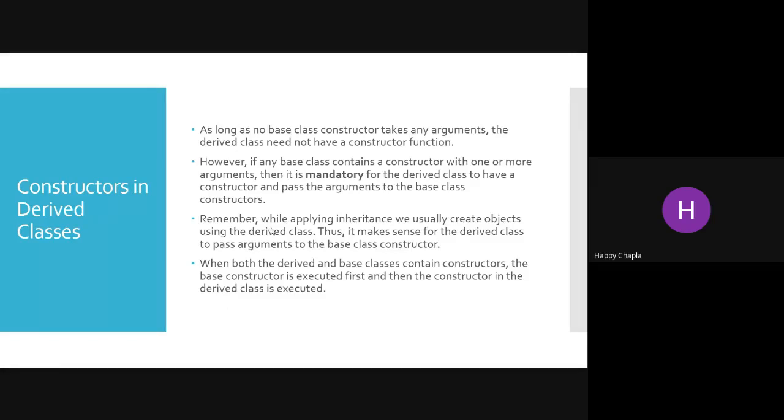Okay, so let's start from the next topic, that is constructors in a derived class. Till now we had discussed how your base class constructor and derived class constructor can work.